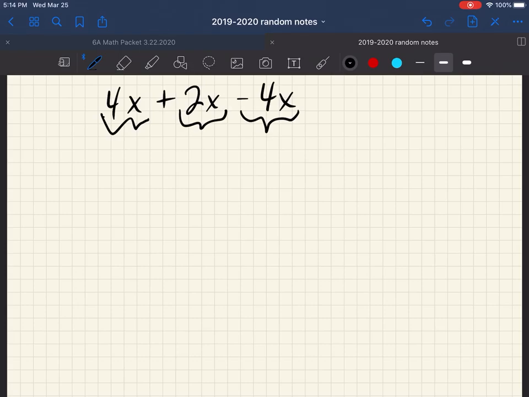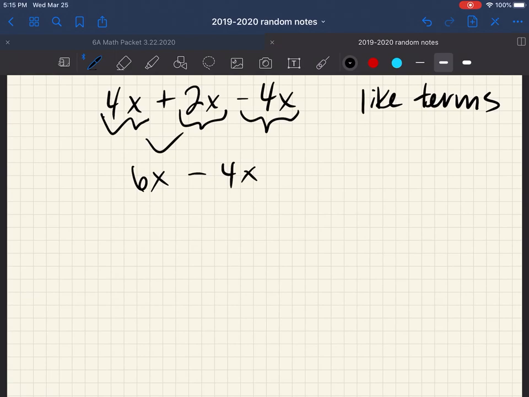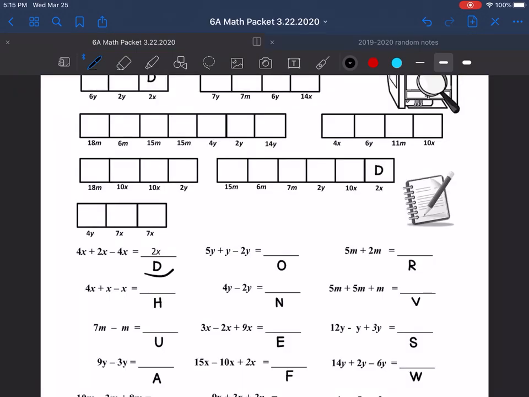Because they all have an x, we call them all like terms. Because they're all like terms, I can add them all up. 4x plus 2x gives me 6x's, but I still have to take away the 4x's. 6x's minus 4x's leaves me with 2x, and that's how they got this 2x in this example.